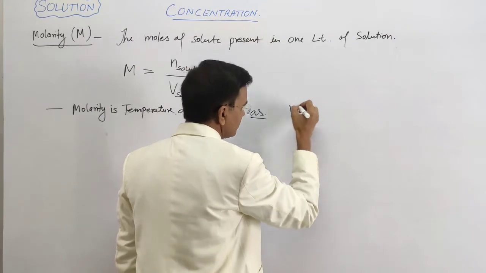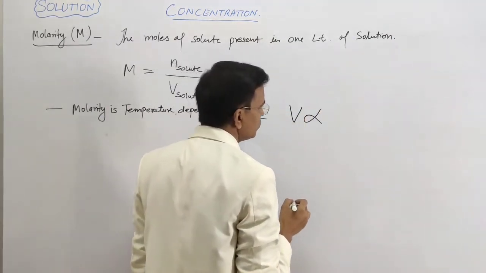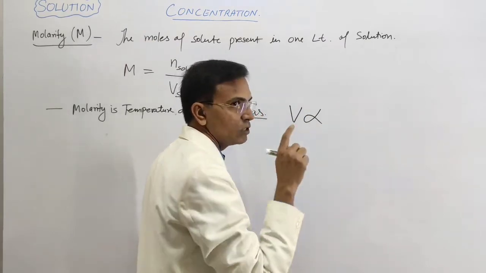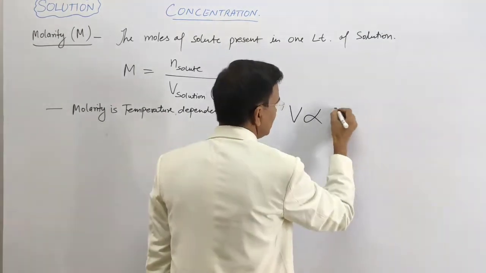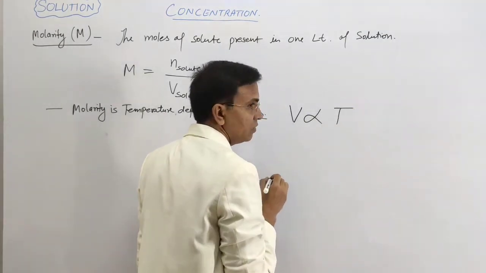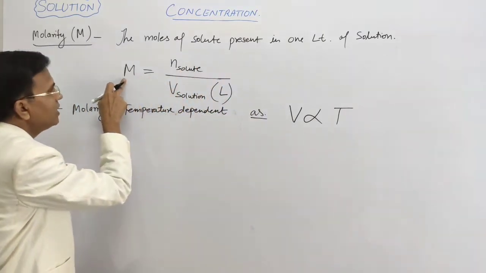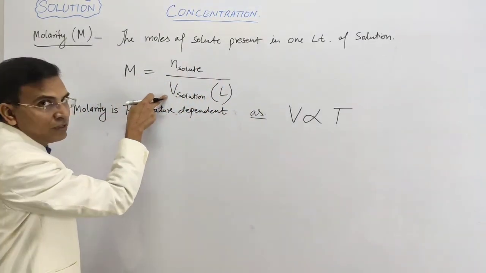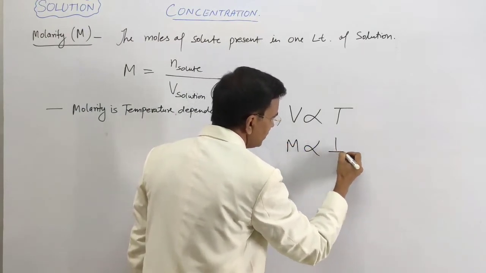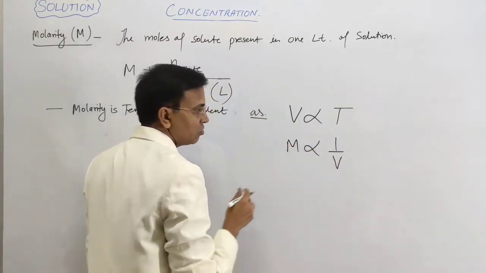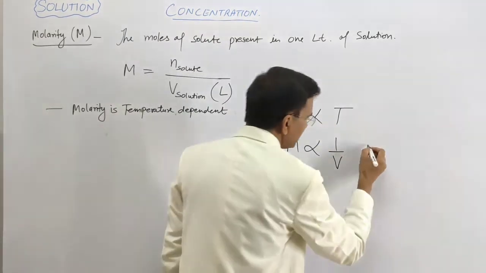Volume of solution is directly proportional to temperature, from P1 V1 upon T1. So V is directly proportional to T. And the molarity is inversely proportional to V, so molarity is also inversely proportional to temperature.